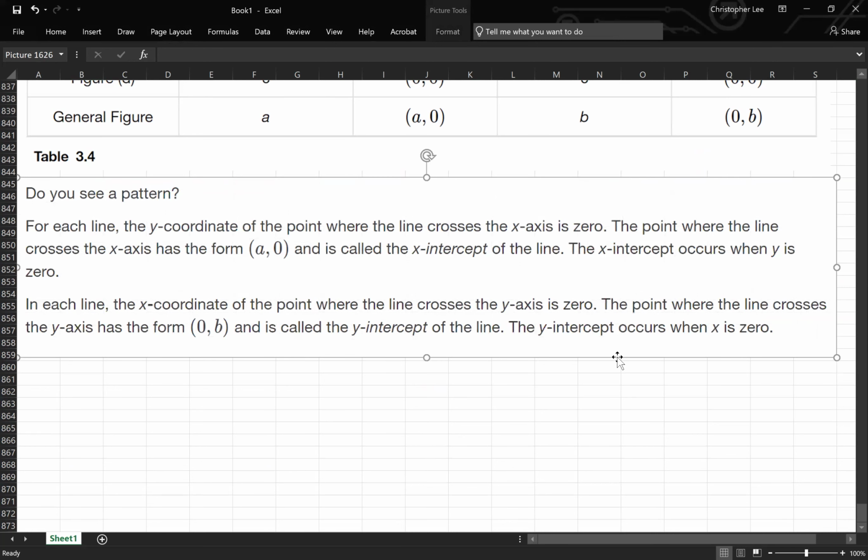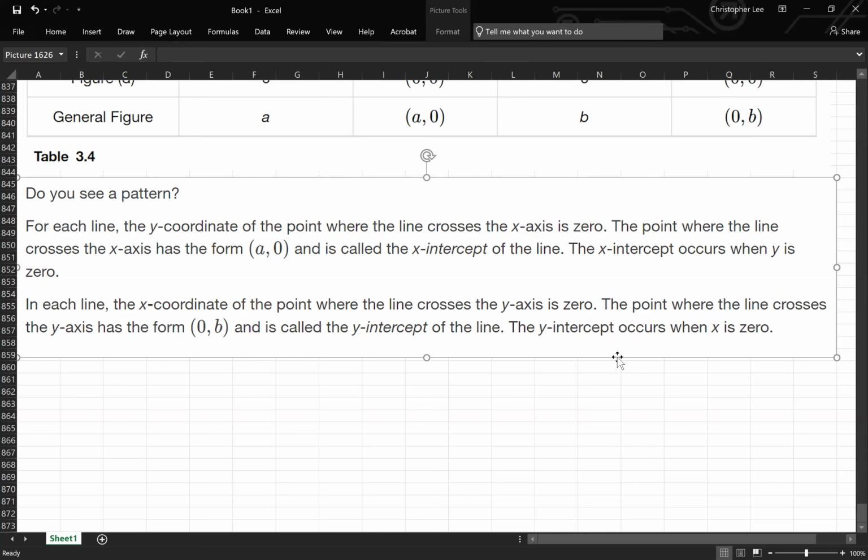Question, do you see a pattern? So for each line, the y-coordinate of the point where the line crosses the x-axis is 0. The point where the line crosses the x-axis has the form (a, 0), and it's called the x-intercept of a line. The x-intercept occurs when y is 0, right? So in each line, the x-coordinate of the point where the line crosses the y-axis is 0.